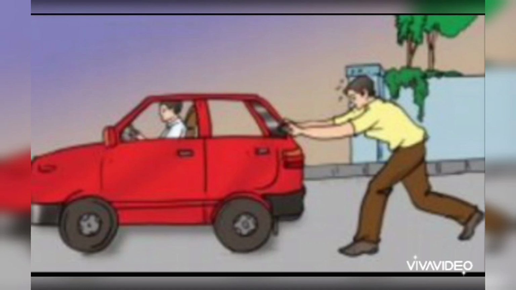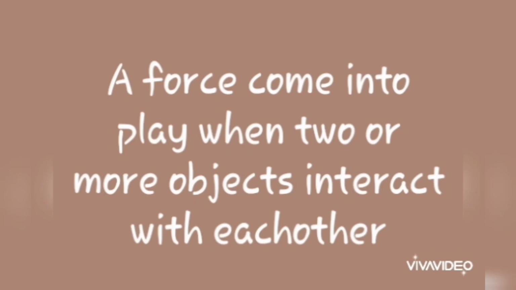One object interacting with another object results in force. A batsman hitting the ball. Which of them will interact? The batsman and the ball. So we can understand that two bodies interacting with each other results in force. Hope you understand the concept.